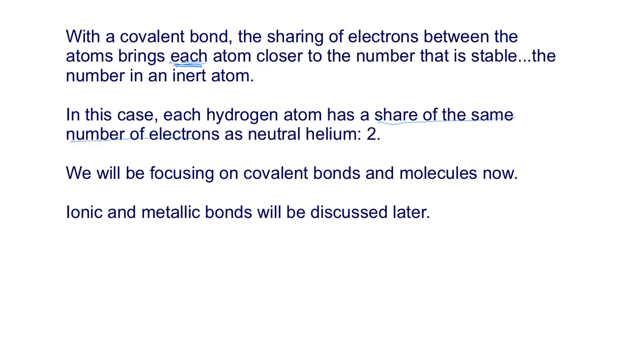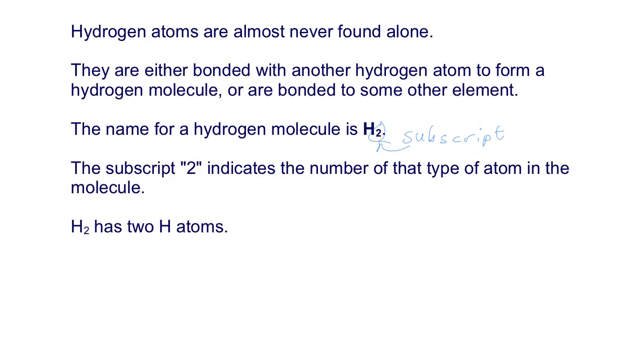So let's say some more things about covalent bonds and molecules. When you have a subscript, that means there's two of what came before that subscript. So in this case, two hydrogen atoms chemically bonded together, but one molecule. They don't write the one in front.